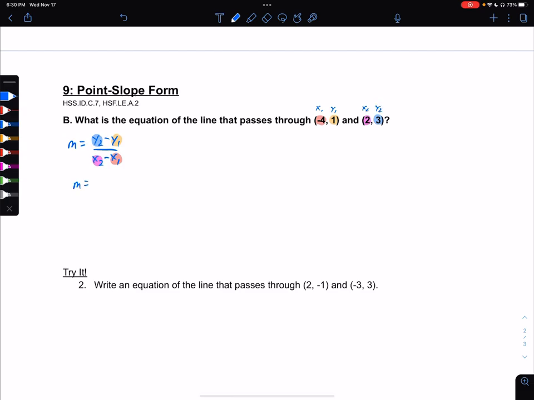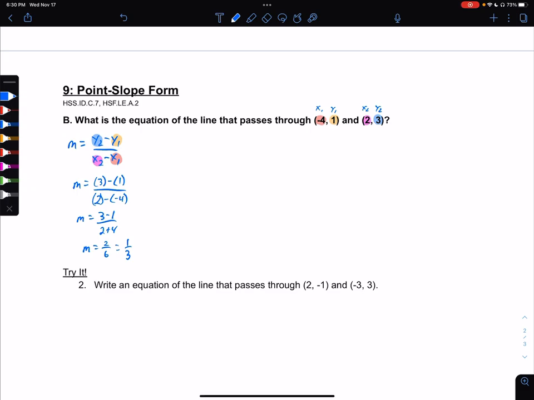So m is equal to 3 minus 1 over 2 minus -4. Be careful with your parentheses, be careful with your signs. So we have 3 minus 1 over 2 plus 4, which becomes 2 over 6, which gives us a slope of 1/3.